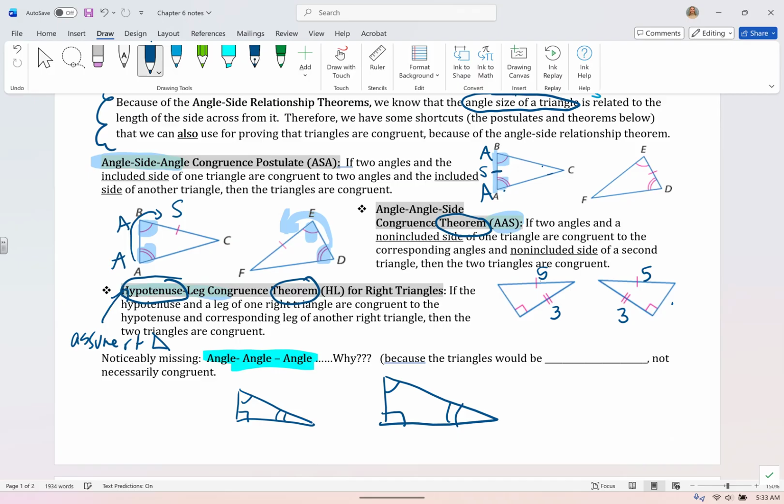If the angles match, that's going to be similar, or proportional. It'd be like a dilation, to make it bigger or smaller. And we'll deal with that later this year, dilations, where the proportions are the same and the angles are the same.